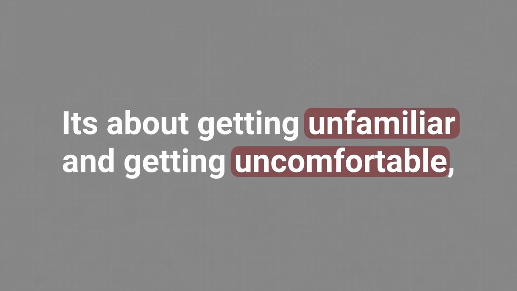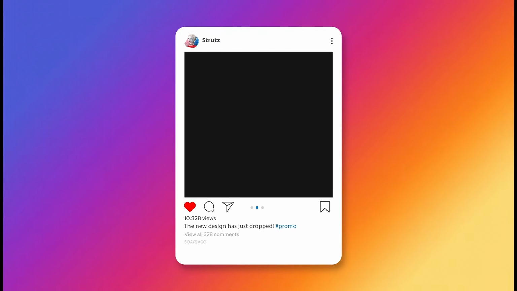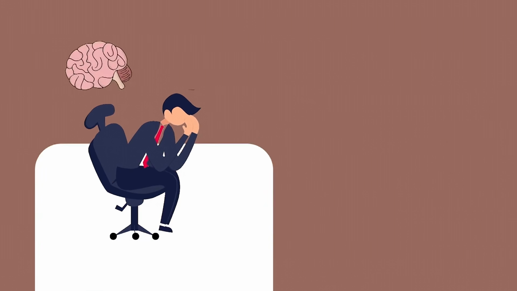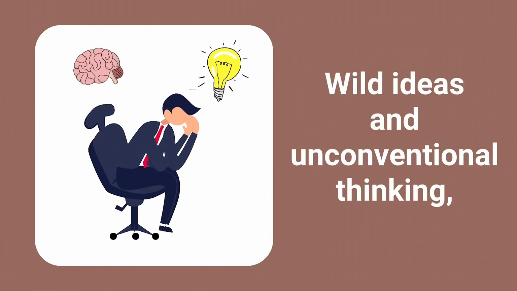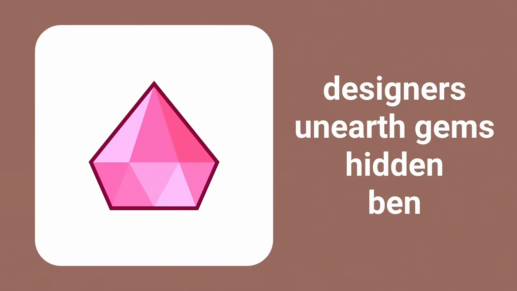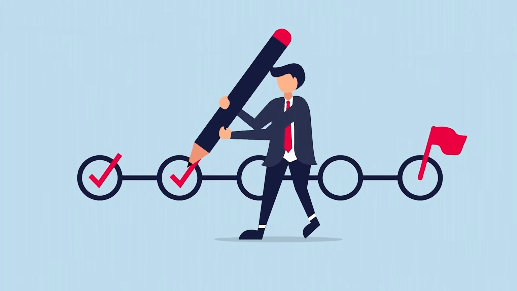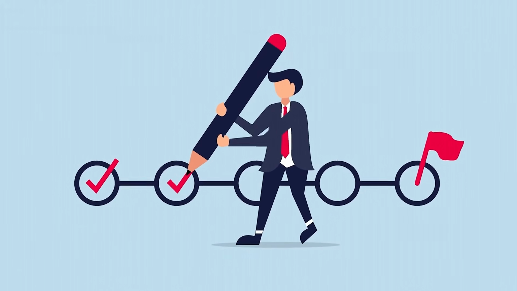It's about getting unfamiliar and getting uncomfortable, but make sure that your ideas aim to solve the problems and the goals from step 2. That is super important. But by encouraging wild ideas and unconventional thinking, designers unearth gems hidden beneath the surface, transforming challenges into opportunities and paving the way for groundbreaking design solutions.